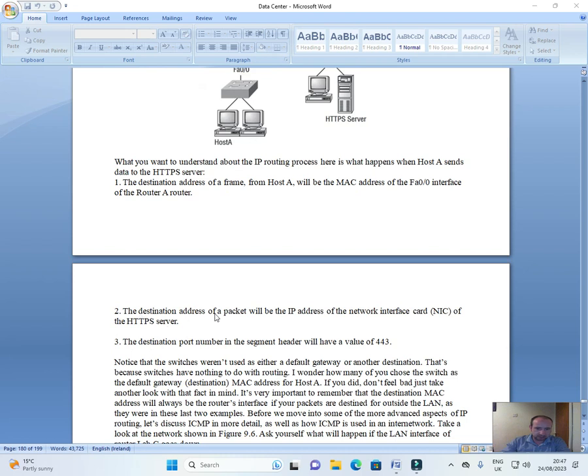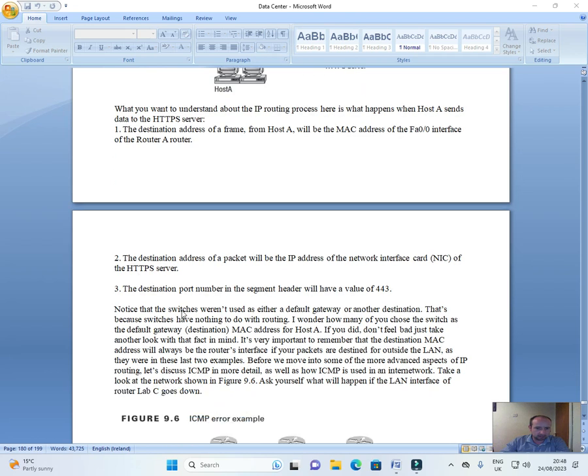The destination address of the packet will be the IP address of the network interface card, NIC, of the HTTPS server. The destination port number in the segment header will have a value of 443.